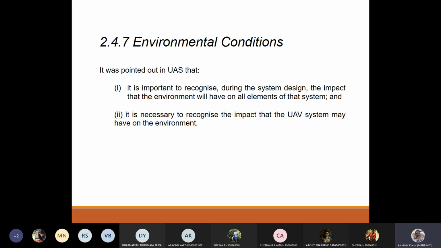So many times a sensor will fail, the sensor is not working as per the design. So you should see all those environmental conditions: rain, day or night operations, what the density variation in those areas is, whether it is cold or hot. All environmental conditions should be captured during the development of the aircraft.